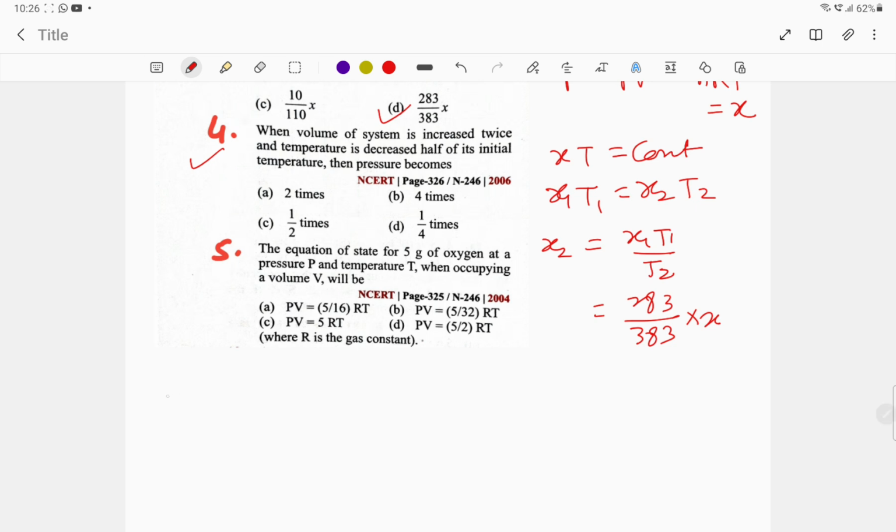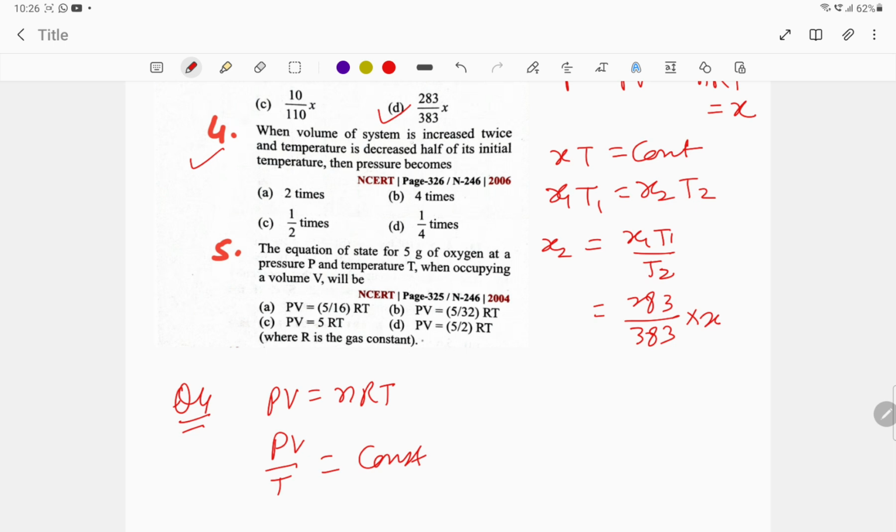So we know that for question number 4, PV is equal to nRT. If the number of moles is constant and R is constant, so PV upon T is equal to constant.